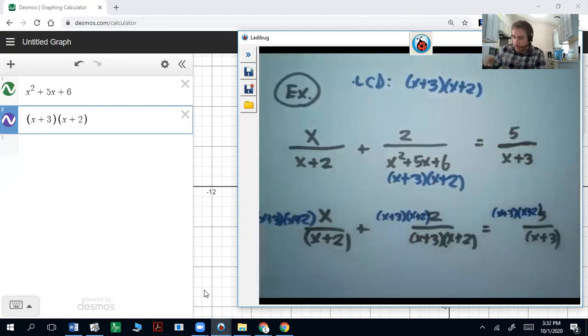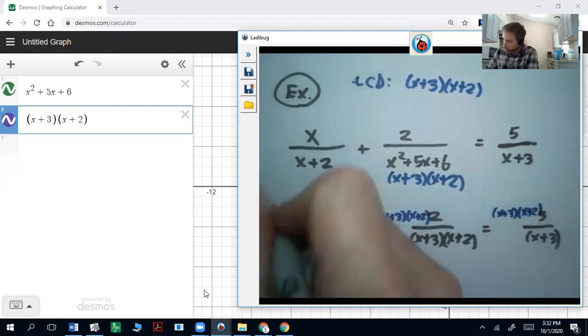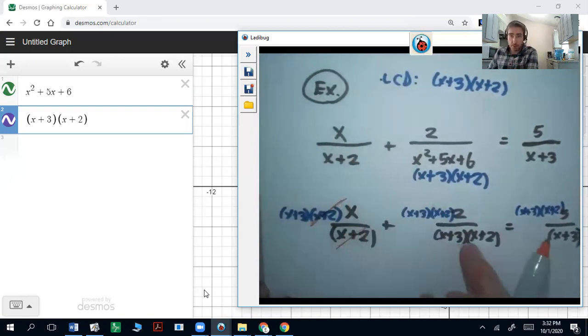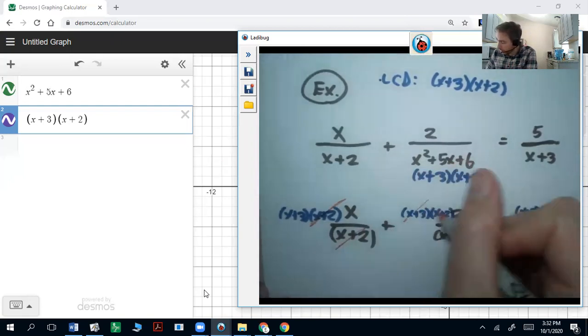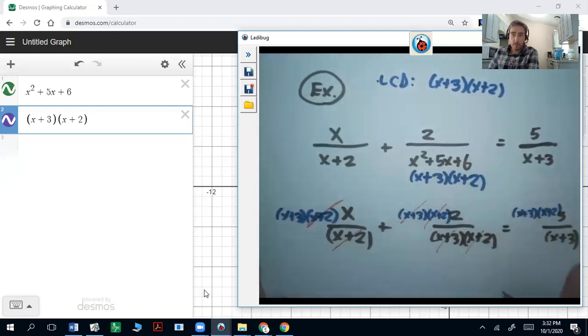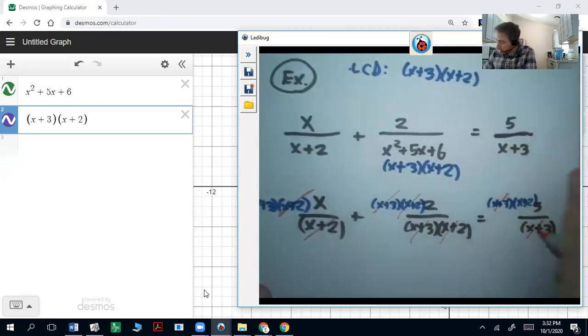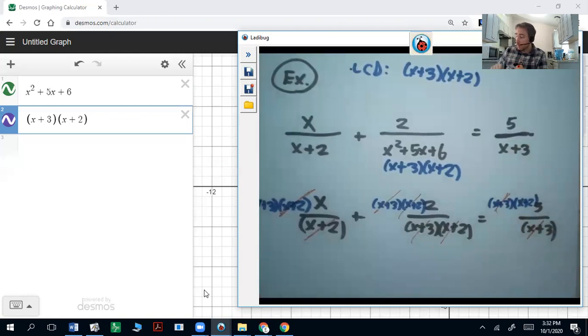So what happens is we're going to cancel things out. We're going to cancel out from the first one the x plus 2's. And then from the second one, we got all these except for the 2. So that's nice. And then the third one over here, we're going to cancel out the x plus 3's. So we'll rewrite it as a single horizontal line, and then we don't have any fractions anymore.